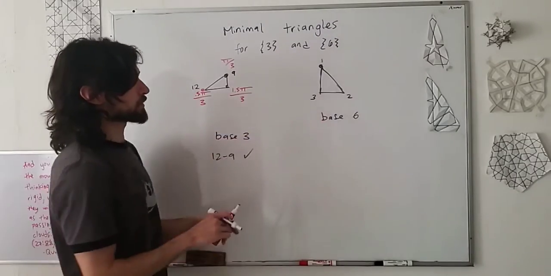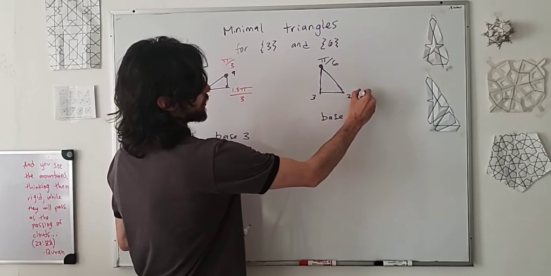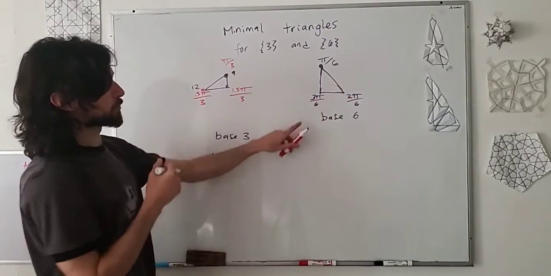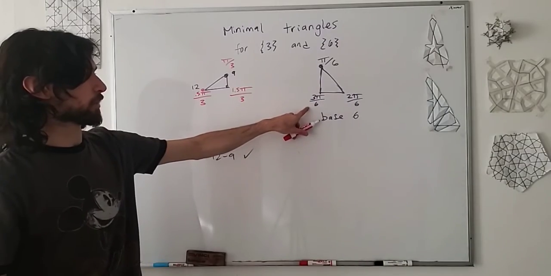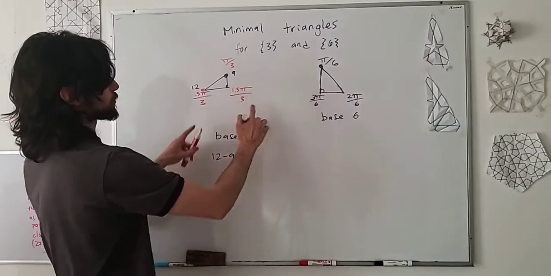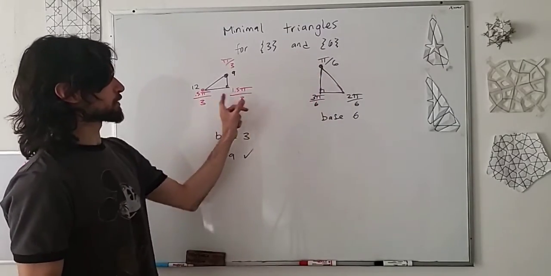Again, base 6 means that whatever number we put in, it's pi over the base, pi over the base, pi over the base. As you can see, this one is a right angle because it's half of the base, so pretty fast, right angle. These two triangles are the same. We can divide these and make it base 6.